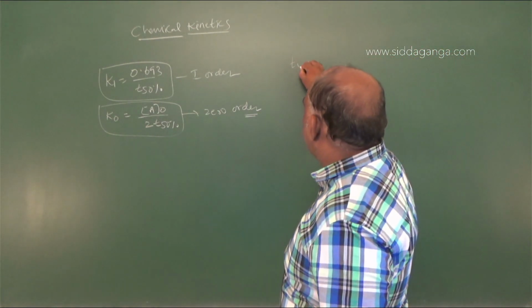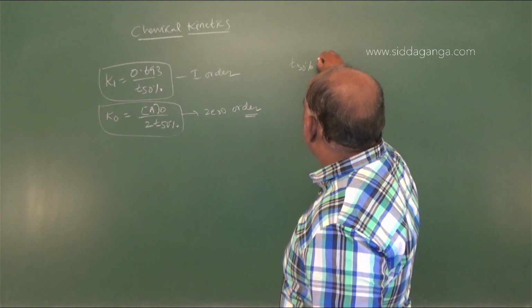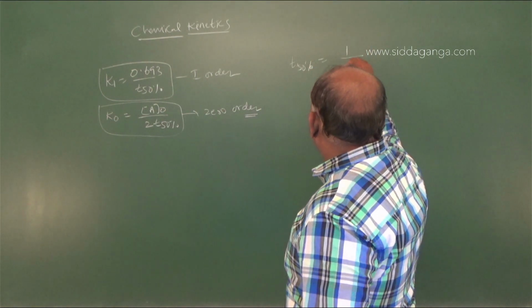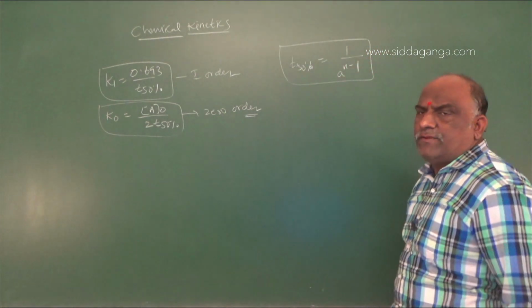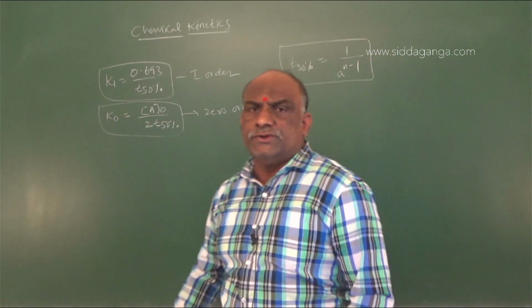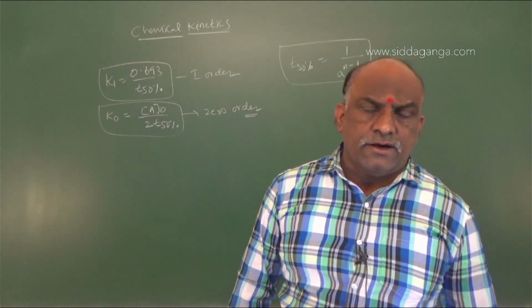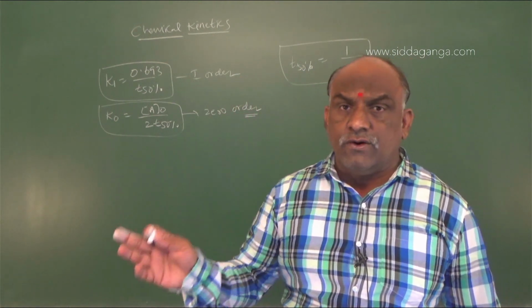For any order, this is a very, very important point: T50% is proportional to 1 by A power n minus 1. Keep this formula in your mind. For any order you can use it: first order, second order, third order, fractional orders, zero order.